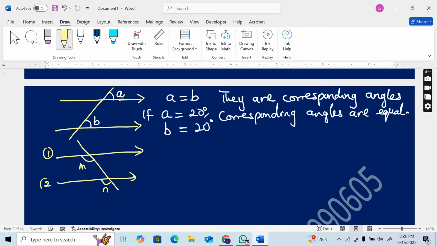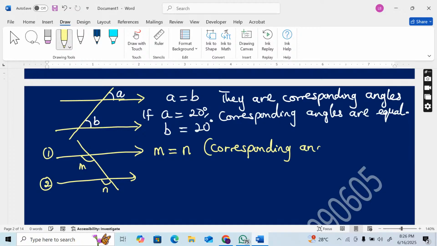This is parallel line 2. Now, on the second parallel line, we have another angle below the parallel line on the left side of the transversal. So M and N are on the same position. So it means that angle M is equal to angle N. The reason is they are corresponding angles.